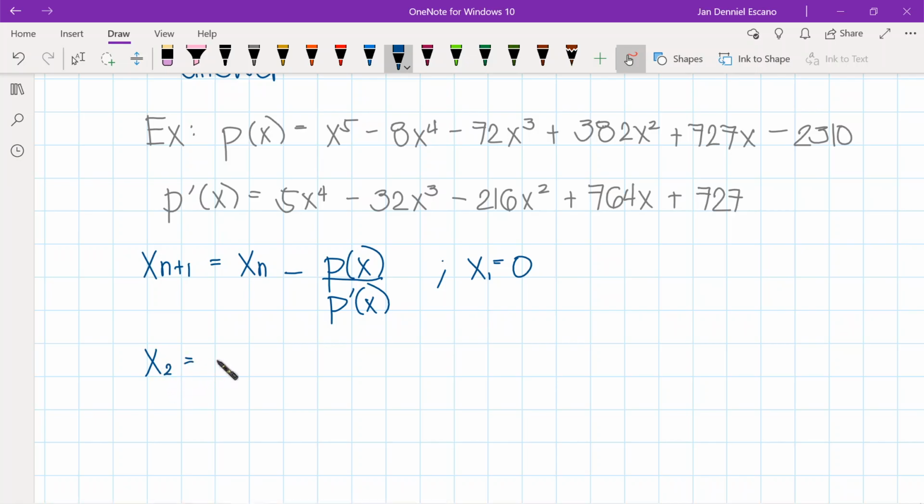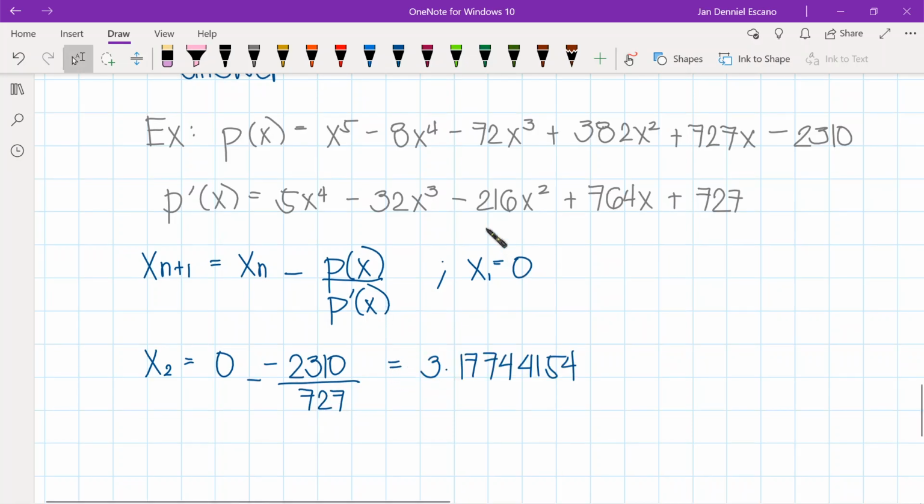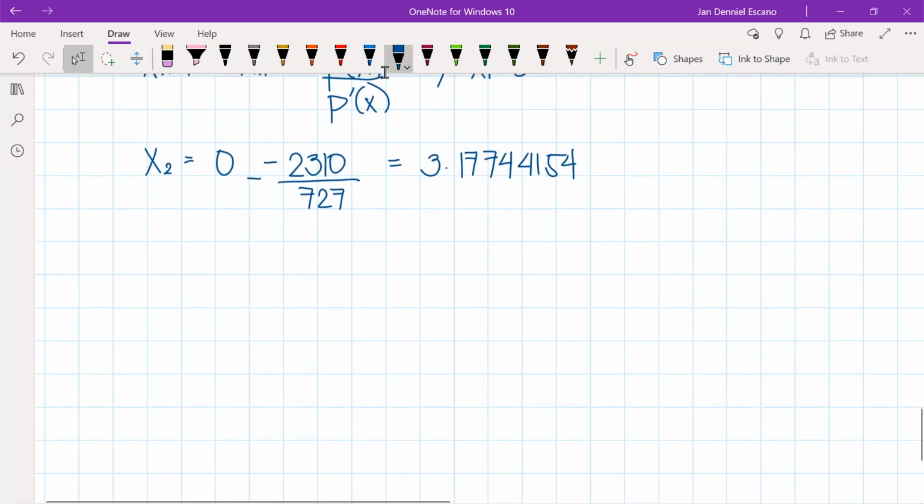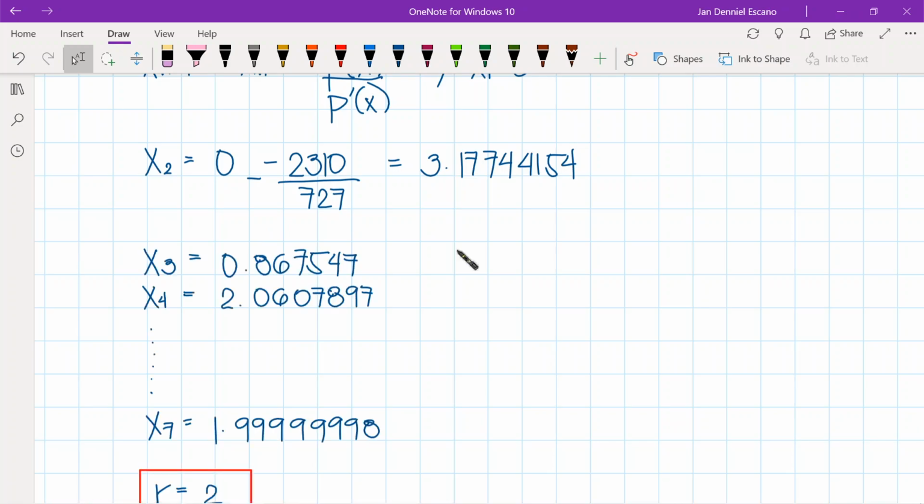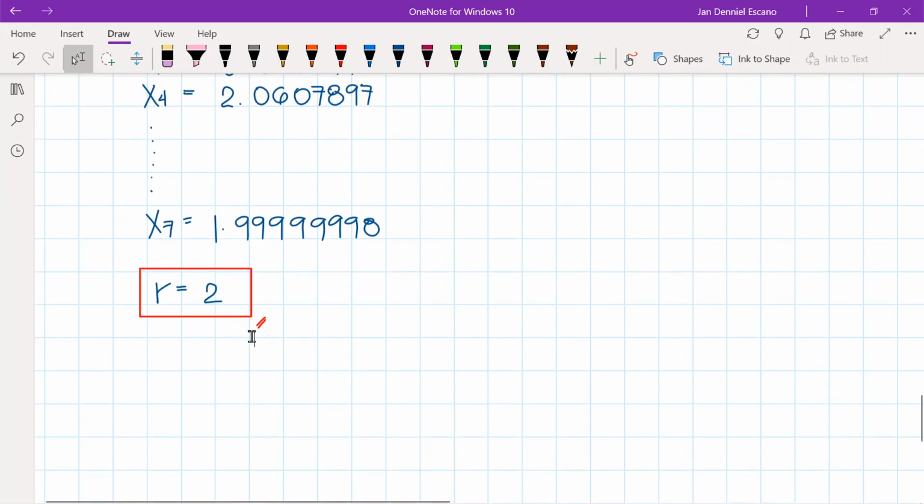So we have x sub 2 is equal to 0 minus 2310 over 72, and that leads us to the answer 3.1774... After doing this step several times, we can arrive at the 7th iteration wherein the value of x is now 1.9999, and we can round that off, so we find the root, which is 2.